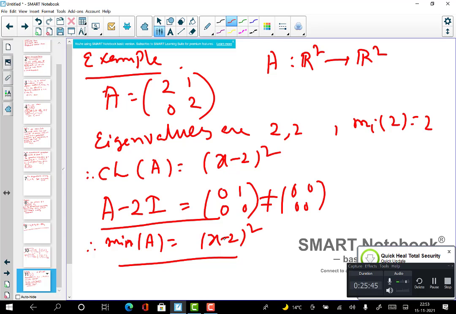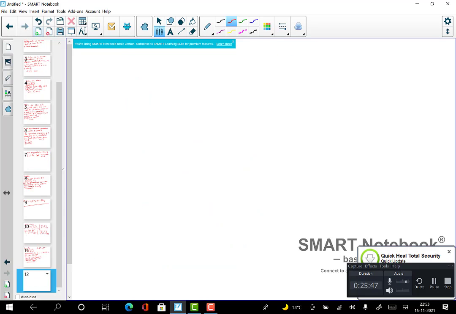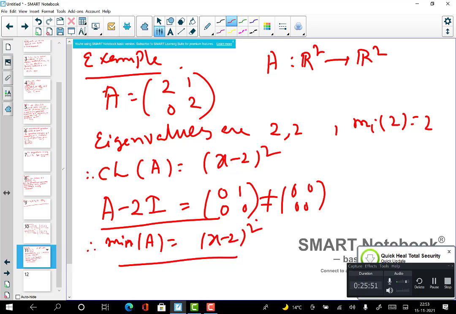So what is geometric multiplicity? Let's do it first. This degree of the minimal polynomial tells the size of the highest Jordan block. So this power being 2 means that you have a Jordan block of size 2, because it is a 2 by 2 matrix. This is the meaning of that, with respect to 2.